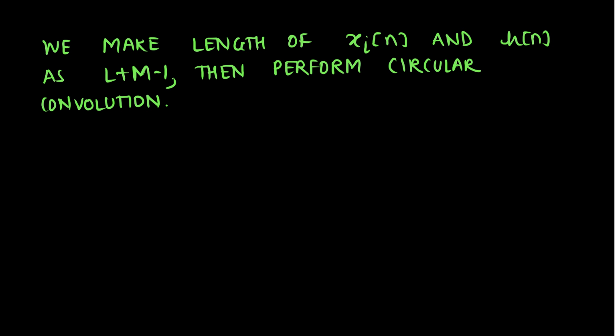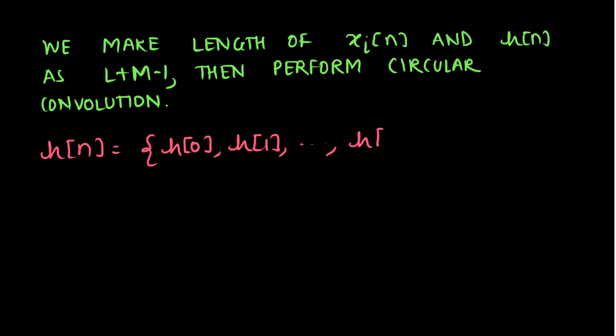Now the filter h of n can be given by an m length sequence: h of 0, h of 1, and so on till h of m minus 1. In order to make it of length L plus m minus 1, we are going to append L minus 1 zeros.